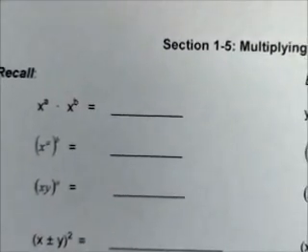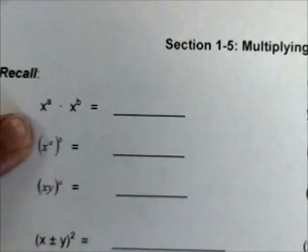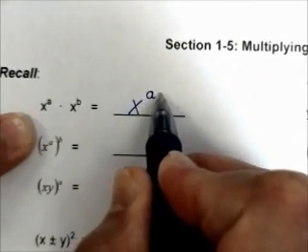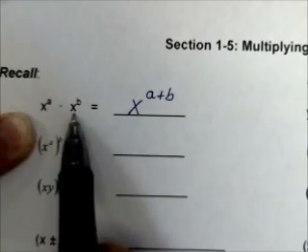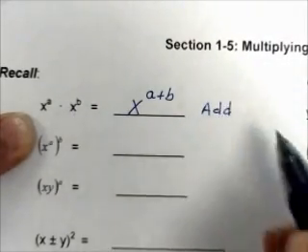So in general, if we have x to the a times x to the b, that is equal to x to the a plus b. When you're multiplying same bases, you add the exponents.